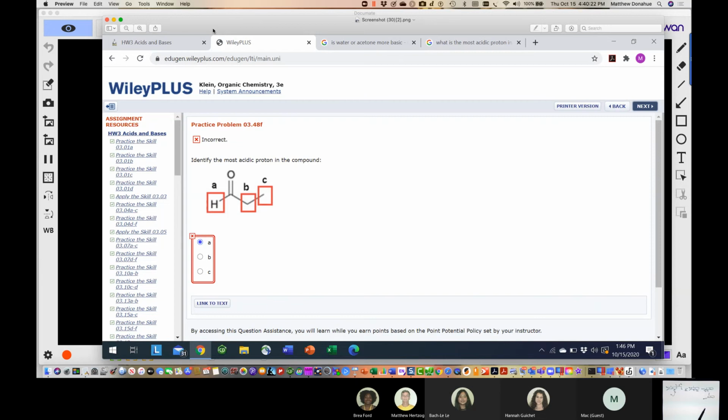So here's another problem. You have a 3-carbon aldehyde, propanal. You're given choices A, B, and C. We see that A is obviously not the correct answer. So what is the correct answer? And then my next question is why?